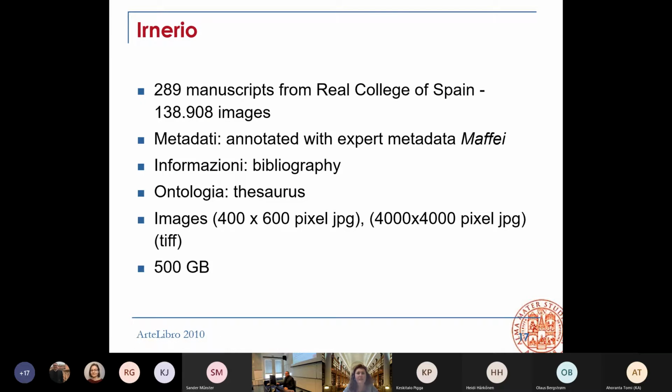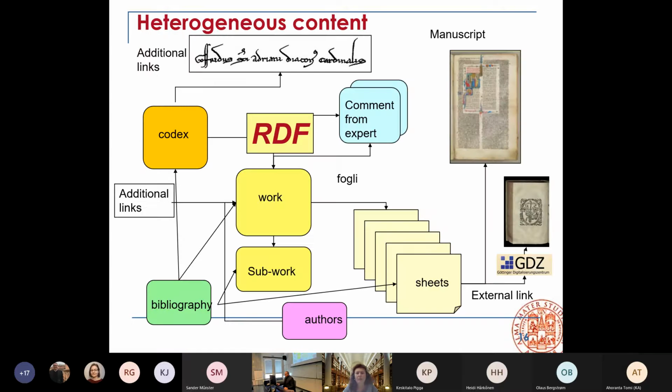So as I said, Irnerio is one of the most important collections of law manuscripts in the world, and there is also a little ontology for managing the topics, but not an ontology for the creation of the scenarios that I represented.